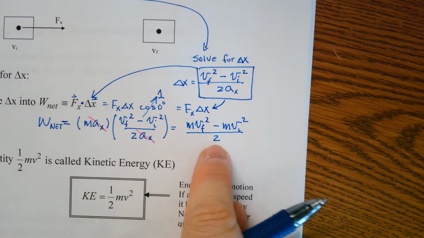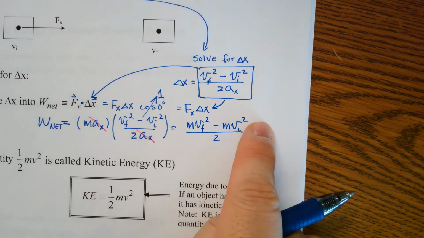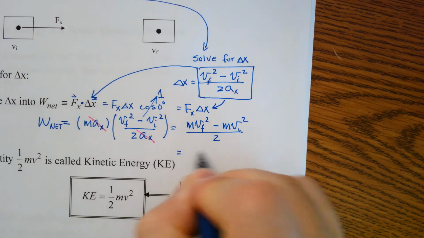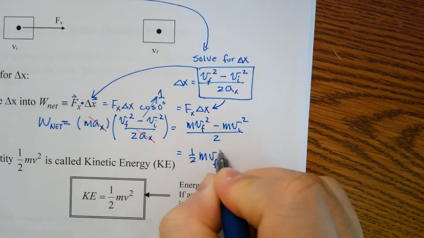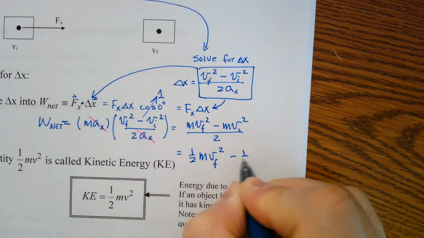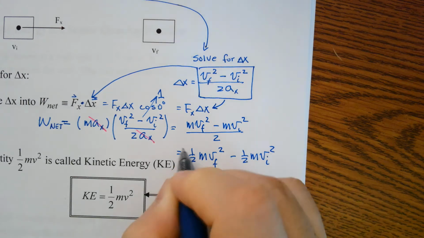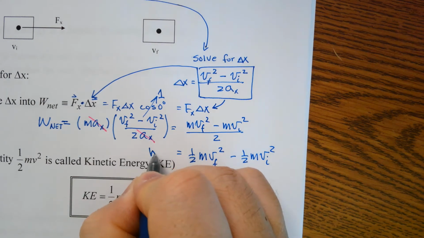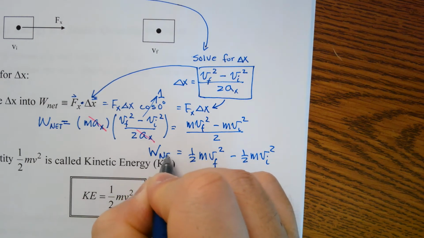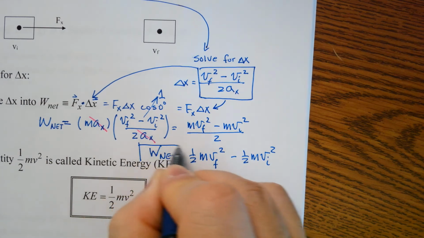I can distribute this 2 out to both of these, and say 1/2 m v final squared minus 1/2 m v initial squared. This is what my work net becomes.